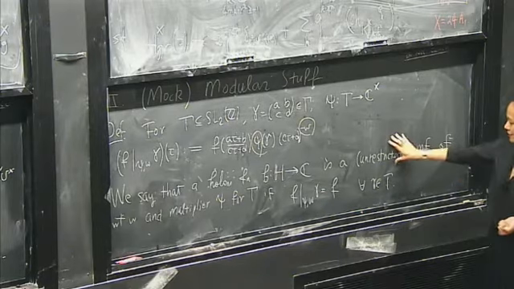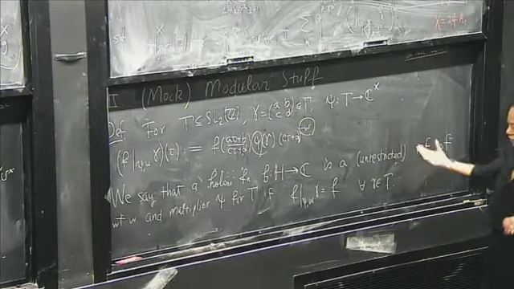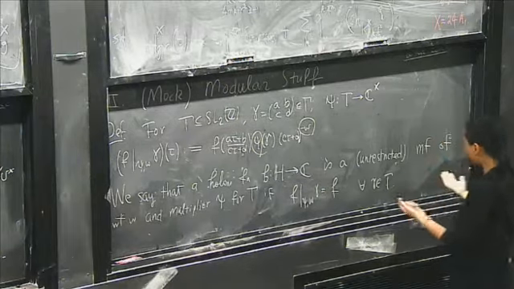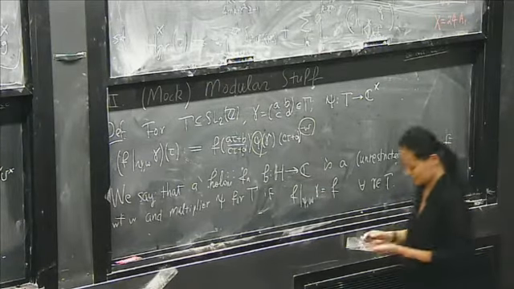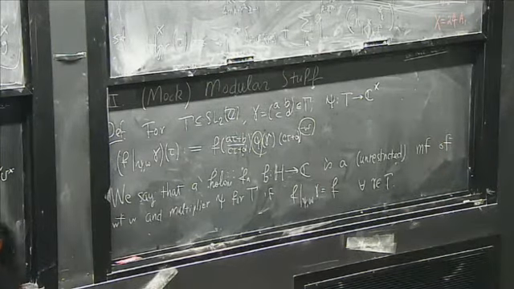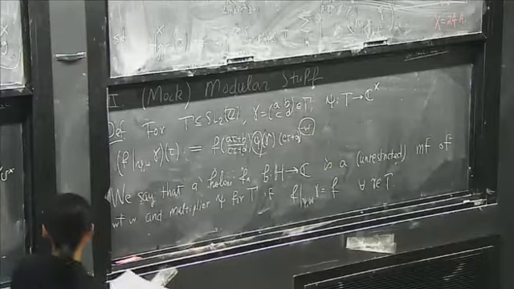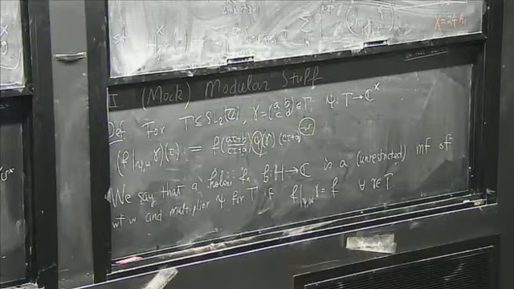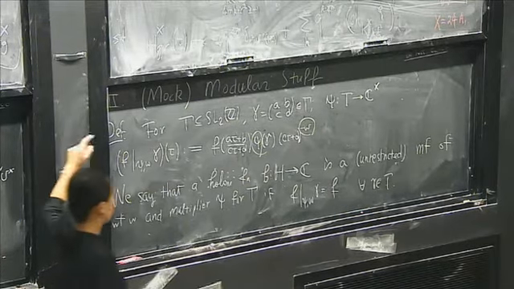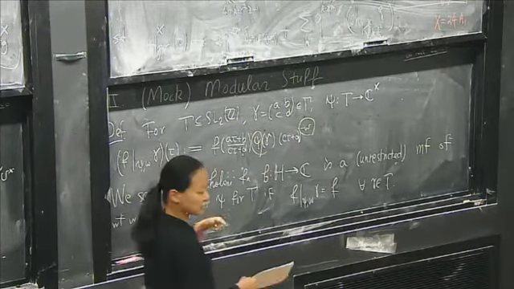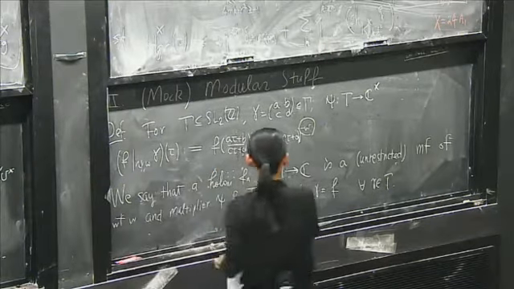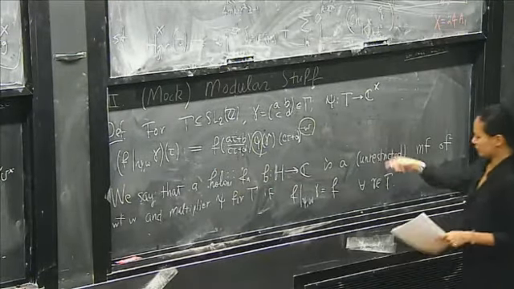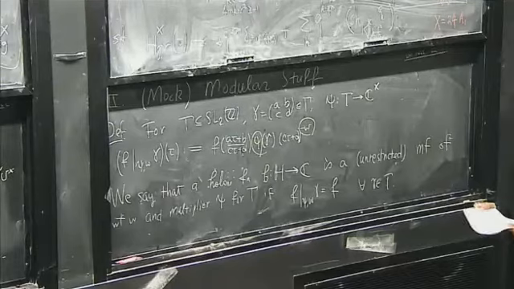So I say it's unrestricted because, to be an honest modular form, you also have to satisfy some growth condition. Especially, there's one type of modular form that's interesting for us, the cusp form, which has a further restriction that f vanishes at all cusps of gamma. Okay.